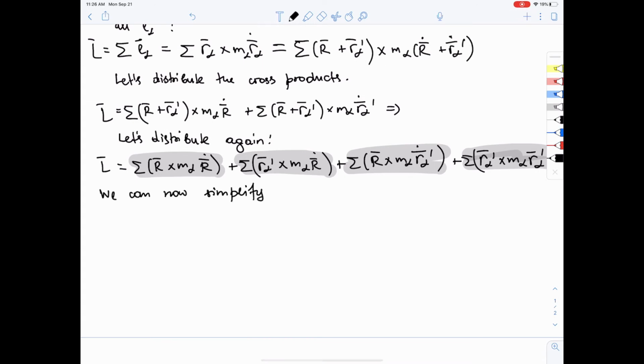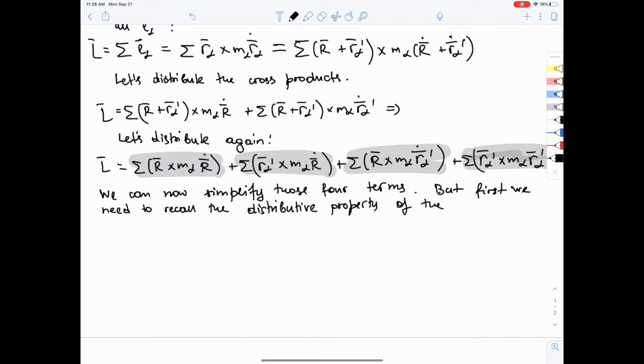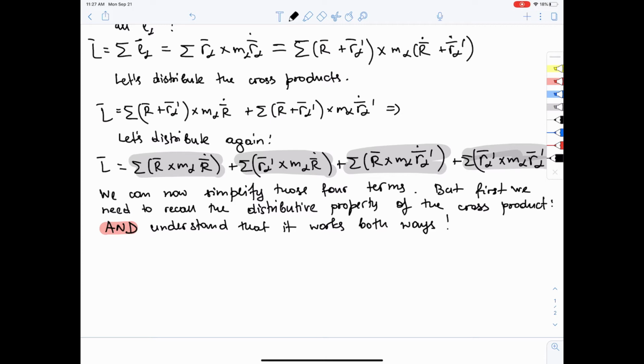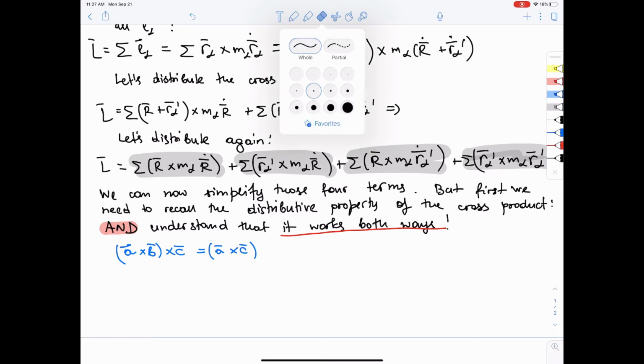But to do that, we would need to recall some of the cross product properties. One would be the distributive property, which is very important to understand, and works both ways. I had some trouble understanding this, and as a result I spent 2 hours figuring out how to simplify those cross products. Another property is the scalar multiplication property.